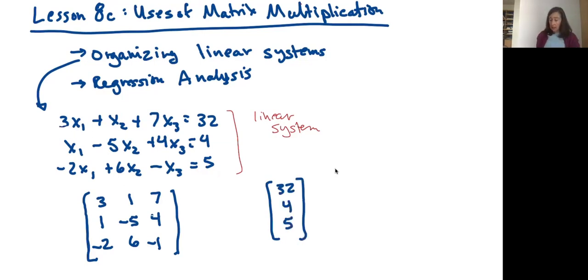And then let's take my variables and put them also in a vector like this: x1, x2, x3. The letters often used to denote this: this is our A matrix of coefficients, our x vector of unknown variables, equals vector d of constants.